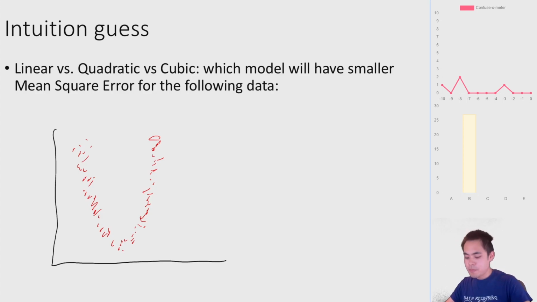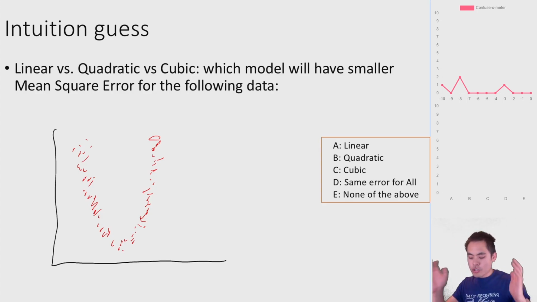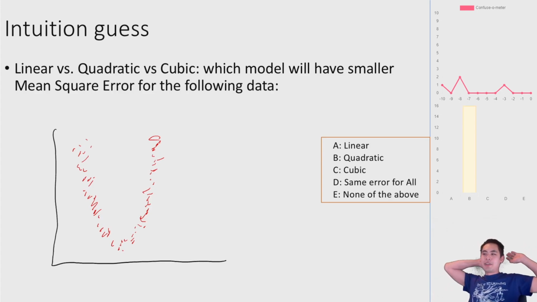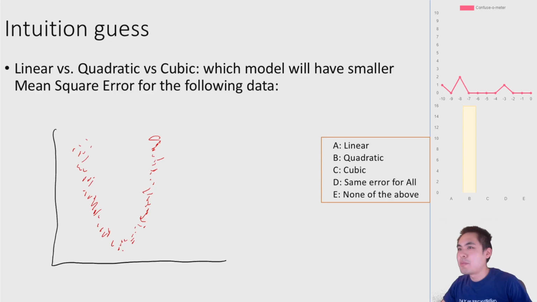My question is, which model will have smaller mean squared error for the following data? Okay, it looks like a lot of people are guessing quadratic. That seems like a very reasonable guess, right? Because this looks like a parabola.